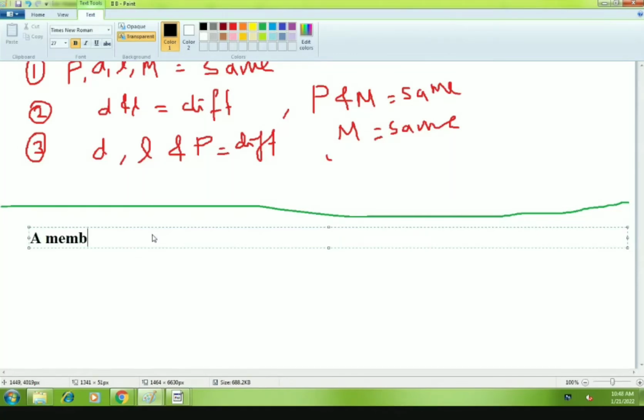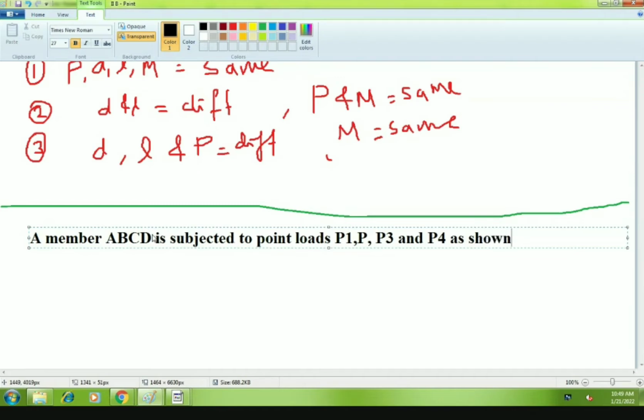Member ABCD is subjected to point loads P1, P2, P3 and P4 as shown in the figure.